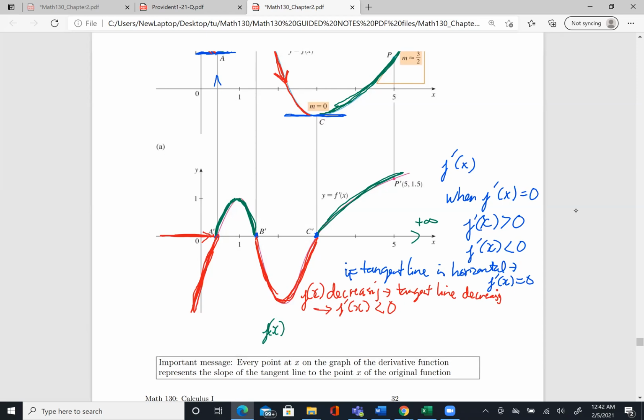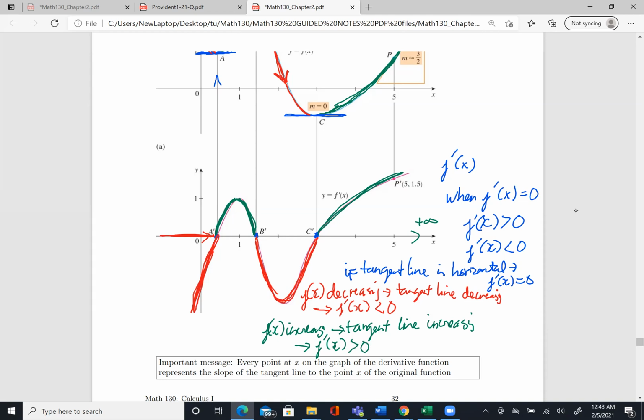So f(x) increasing makes the tangent line increasing. So then the slope, or f'(x) of the tangent, will be greater than 0.